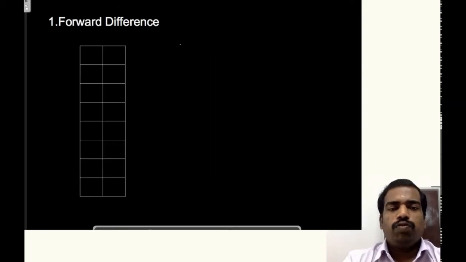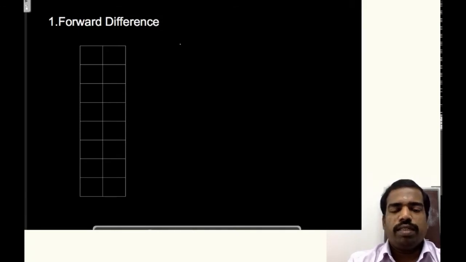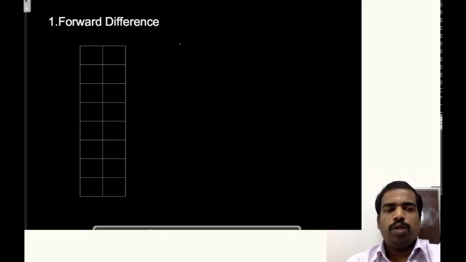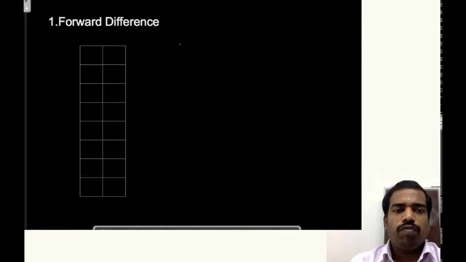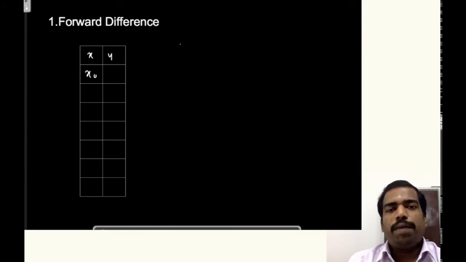So first we can discuss the forward difference of a function. Suppose we have a function y equal to f of x and we have a table of values xi, yi. The first x value we are taking as x0. Throughout the chapter, we are using x0 as the first x value.